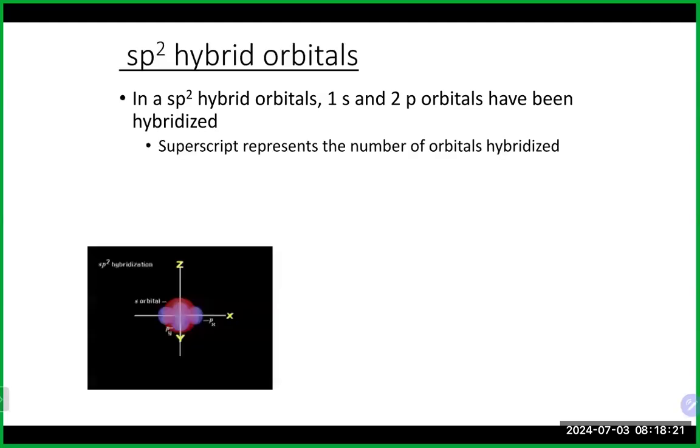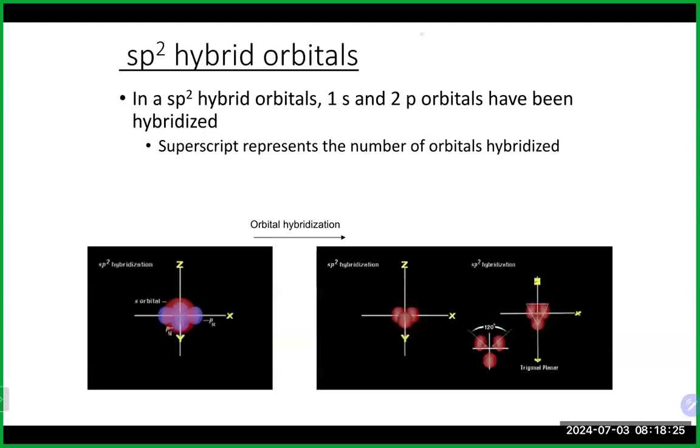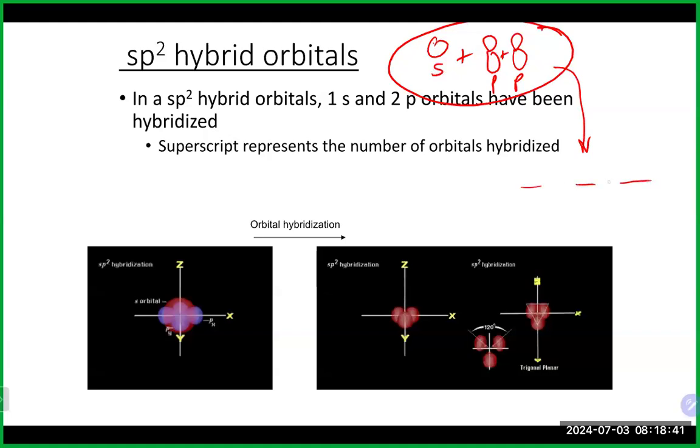The next type of hybridization is sp2 hybridized orbitals, and, much like the name implies, it is a combination of an s and two p orbitals. Because we are mixing together three atomic orbitals, we end up with three hybrid orbitals known as sp2 hybrid orbitals.